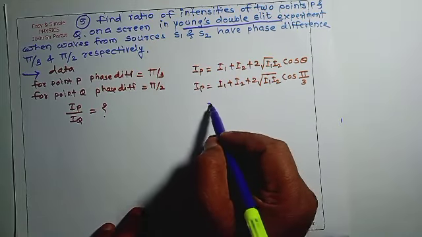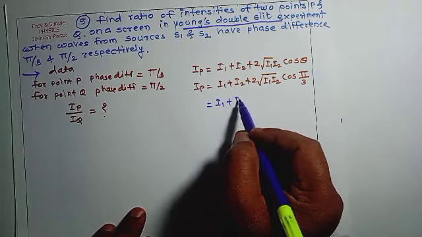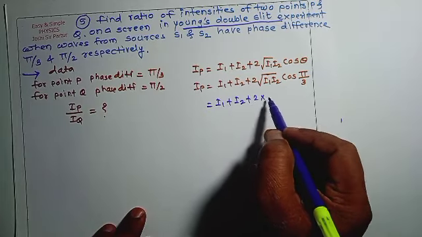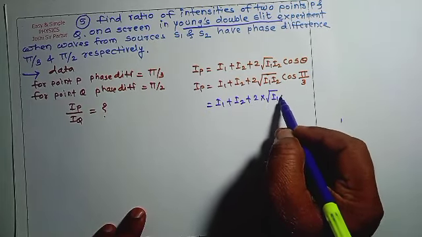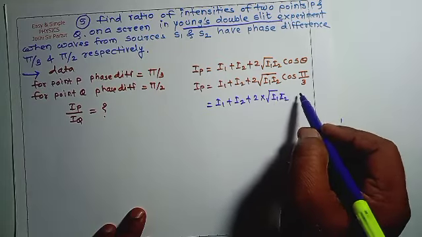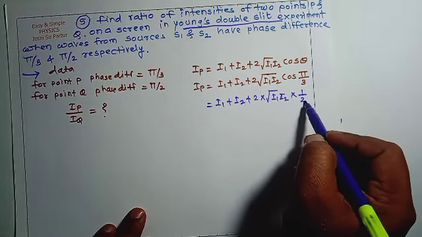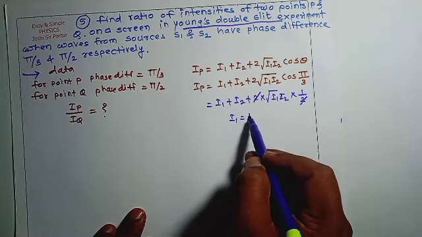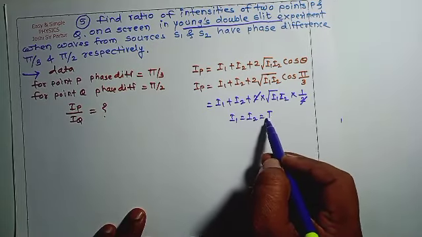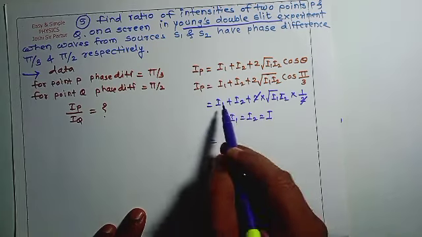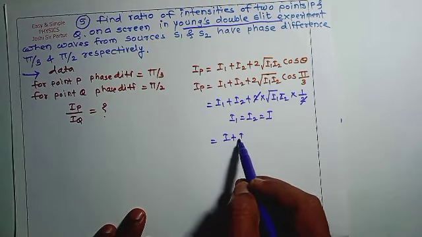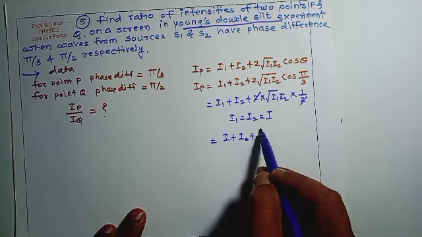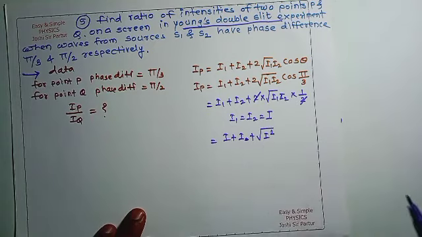So it is I1 plus I2 plus 2 multiplied by the square root of I1 I2 multiplied by 1 upon 2. The 2s get cancelled. If I1 equals I2 equals I, then it is I plus I plus the square root of I square.